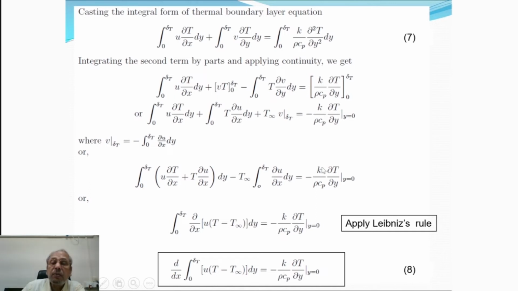And this is equal to minus K by rho Cp del T del Y at Y equal to 0.